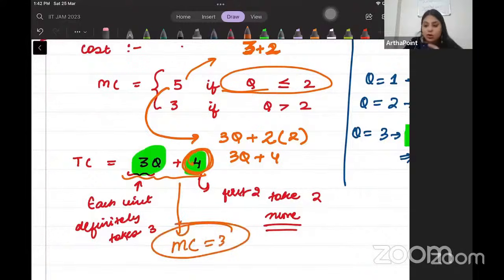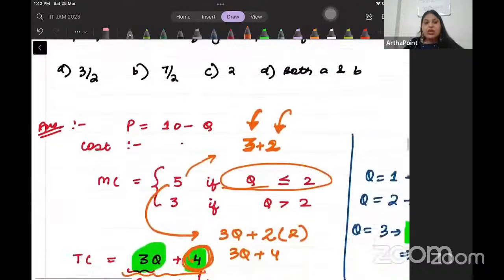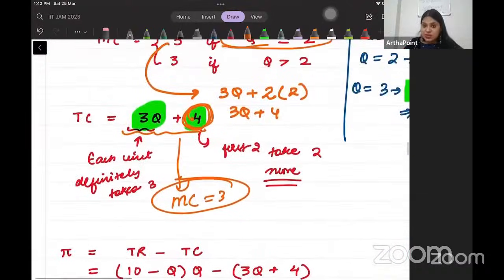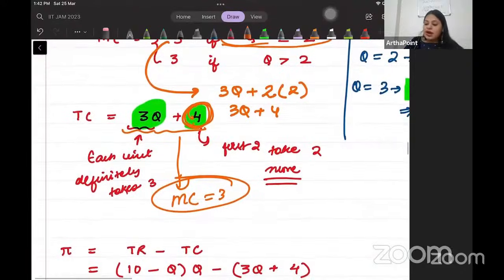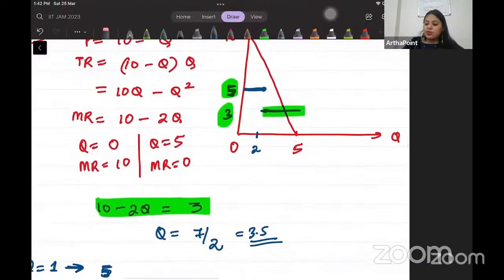So I am not equating to 3 simply because it is given to me, but because I have accounted for the fact that the first 2 units are 2 rupees more than the earlier one, and then I found my marginal cost, and it still comes out to 3. That's the reason I will now equate it to 3, and I will get the answer as 3.5. So try to understand what I am doing. Okay.